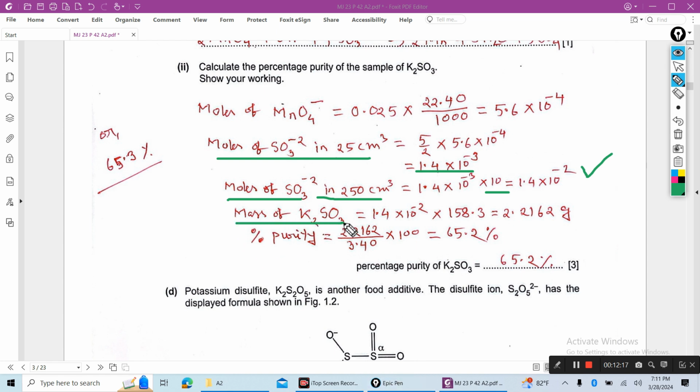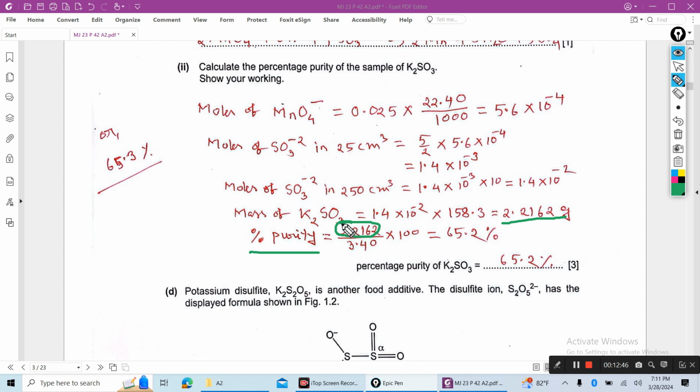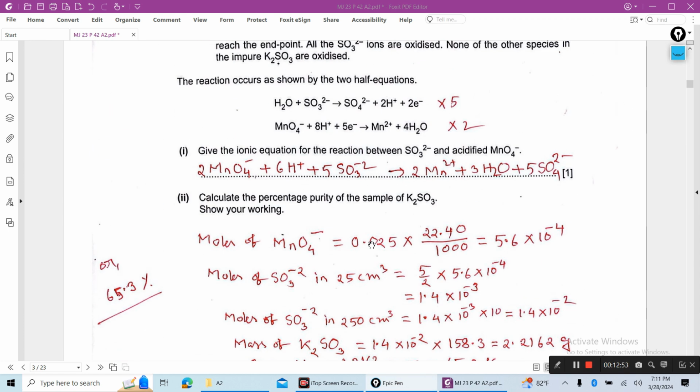Then the mass of potassium sulfite is the number of moles times the molar mass of potassium sulfite, so 2.2162 gram. This is the actual mass. Now percentage purity is the experimental or actual mass divided by the calculated mass.